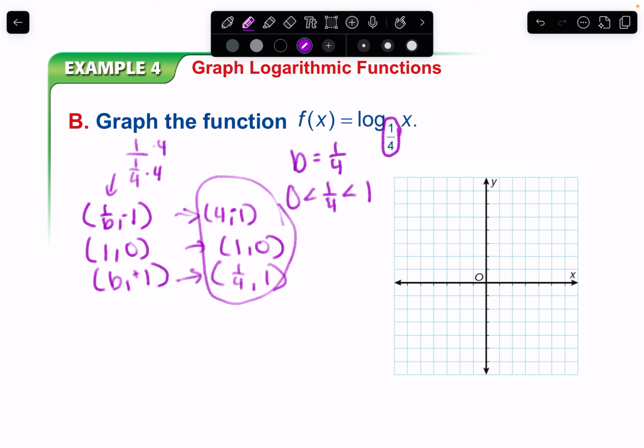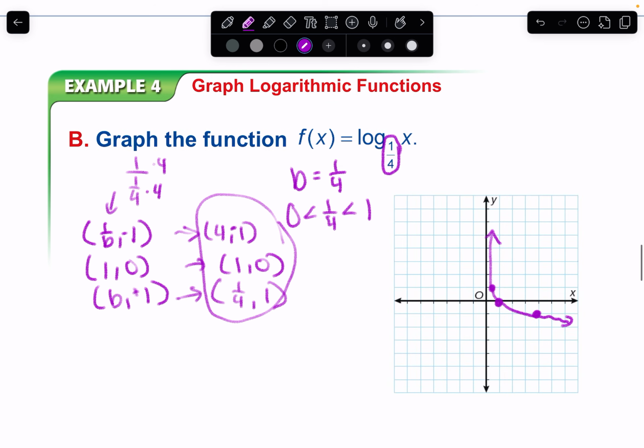So 4, -1 means I'm moving over 4 and going down 1. 1, 0 is the same place as the last one. And then 1/4, 1 would be in this general area. Your graph will make the same type of shape because it is 1/4. Because it's between 0 and 1, I would have a decreasing graph where it is going down.